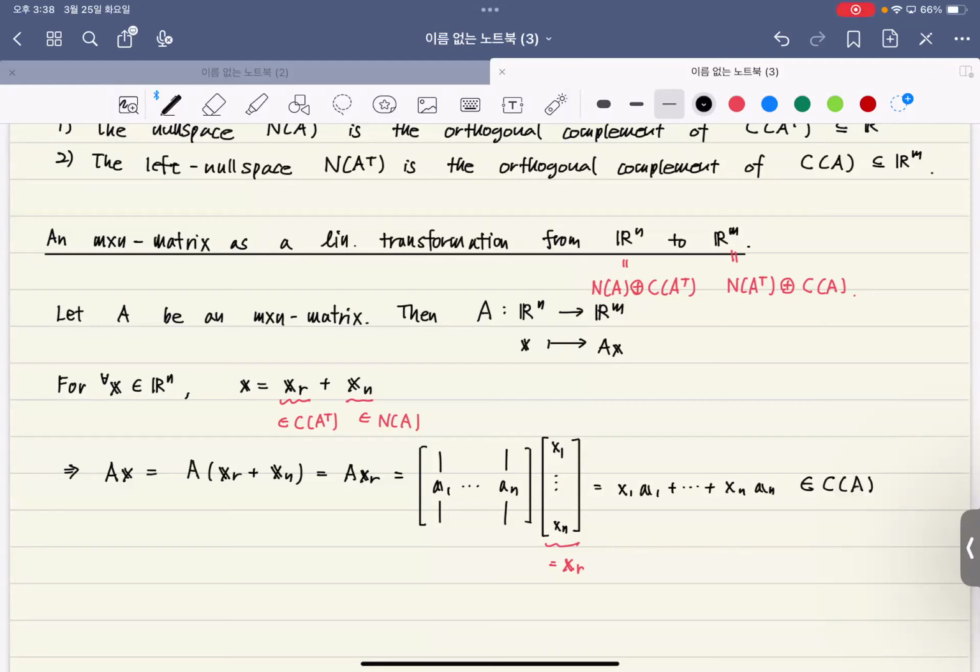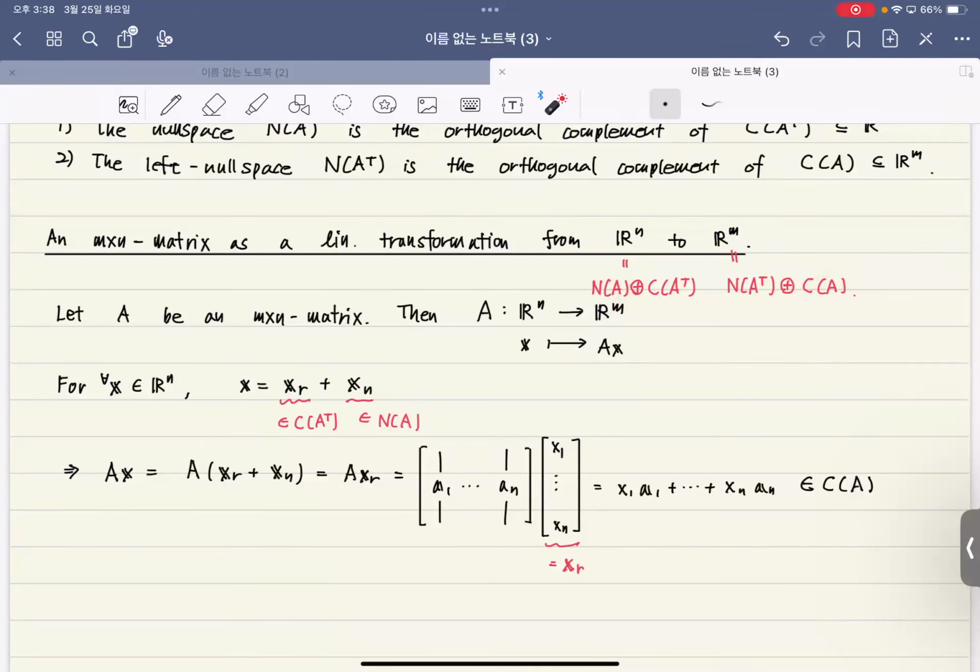And on top of that, I can even say this. Let me focus on the dimensions of these spaces. The row space and the column space have the same dimension, the rank r.